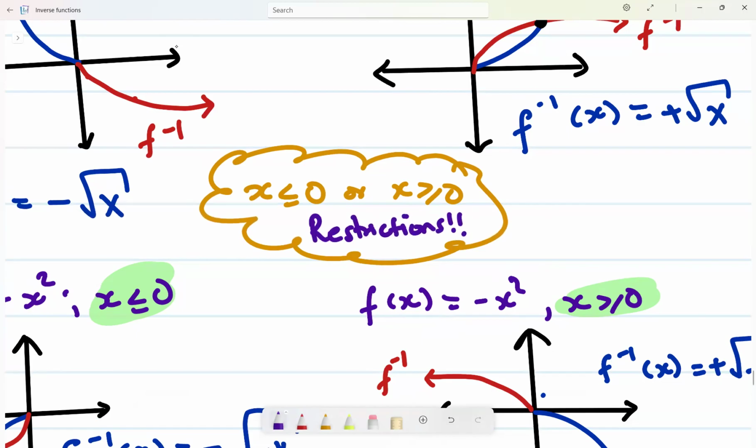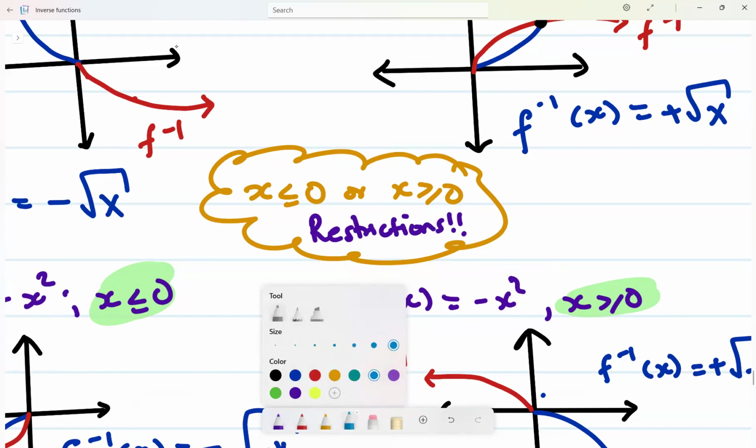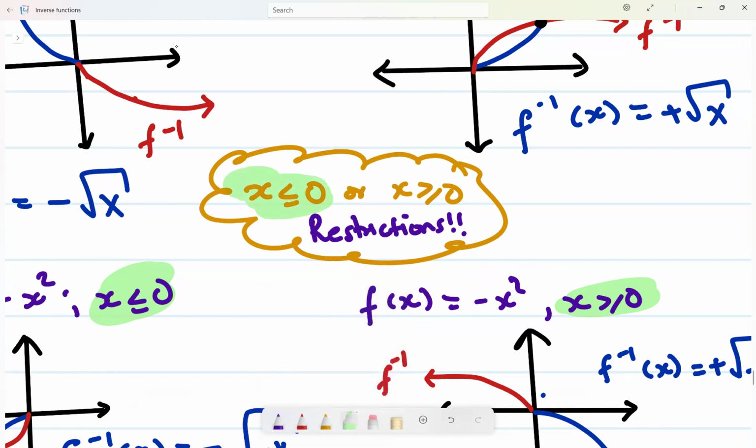So I can either restrict it to where x is less or equal to 0, or I can restrict it to where x is greater or equal to 0. Especially when the examiner asks you, how can you restrict that? You can say x is less or equal to 0, or x is greater or equal to 0. You can write them both, you can write one, it's fine.